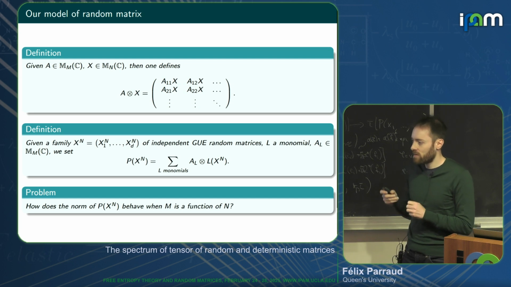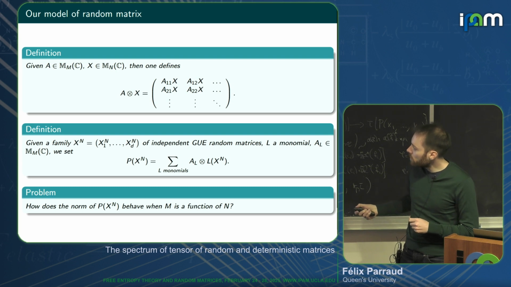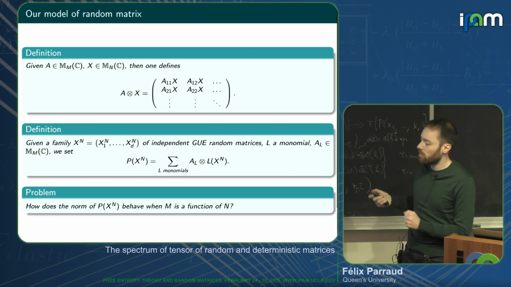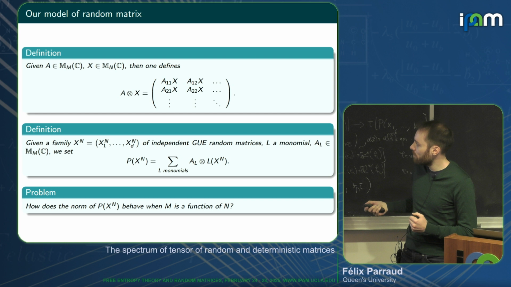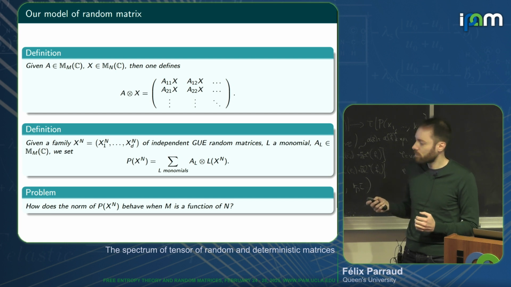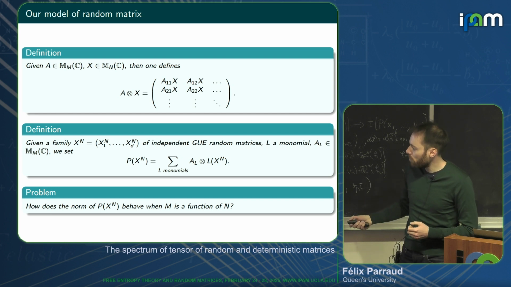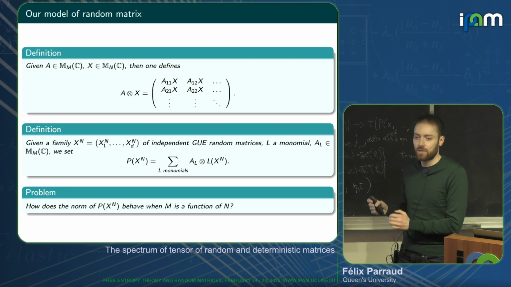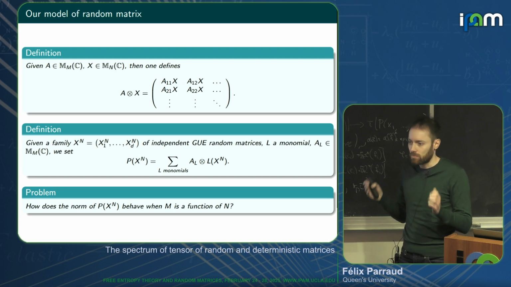But the point of Ben Hayes' conjecture was that you absolutely needed those coefficients A_L to have their dimension depend on large N, the dimension of your random matrices. More precisely, you needed them to have the exact same dimension. So that brings us to the following problem: how do we control the norm of this operator when the size of the coefficients is fluctuating with the dimension of your random matrices?